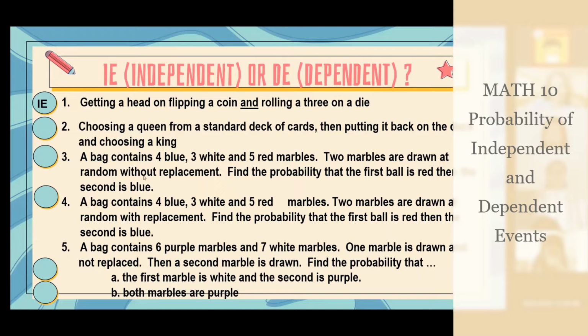So when you put it back, Richmond, meaning before getting the next card, you have to put it back, meaning it will not affect choosing the second card. So this is independent, because of the words putting it back. Okay? So next. Thank you.